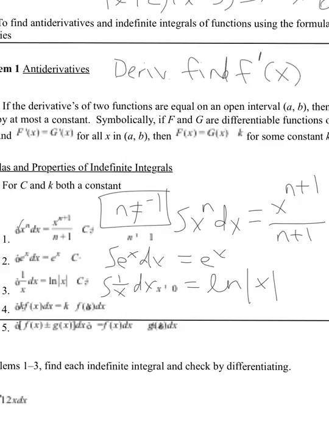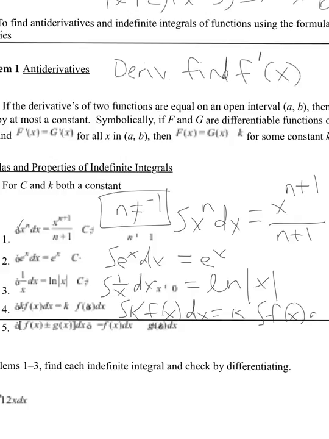Now, all that 4 and 5 are telling us is that some of the same rules we got to use when we were differentiating apply with integration. If you look at number 4, it's the constant multiple rule. It simply says if I'm trying to integrate and there is some constant value, we'll call it k, times our function, before we integrate, we can kick out the constant because it has to stay, and then we'll just integrate whatever our function is.